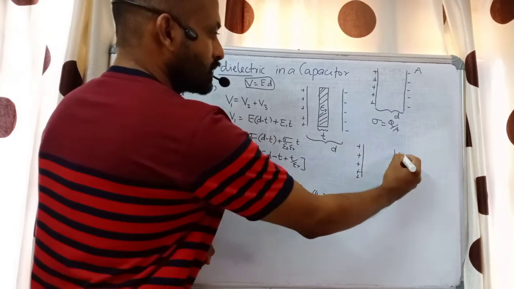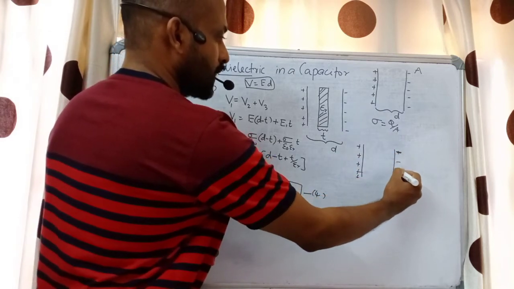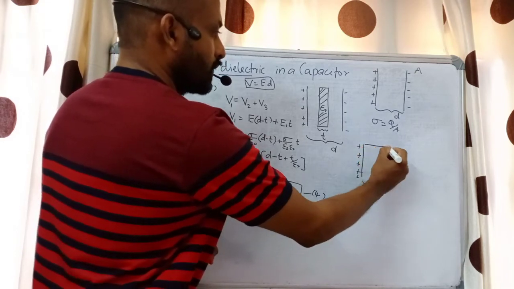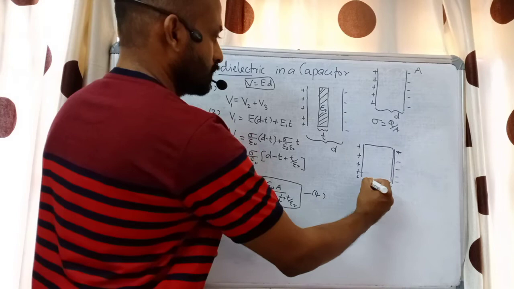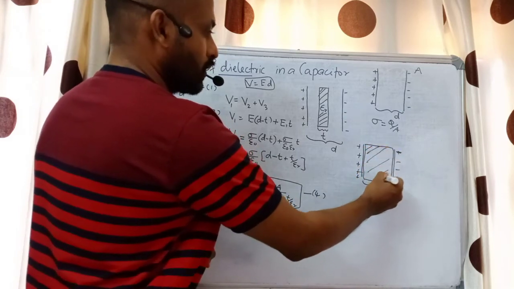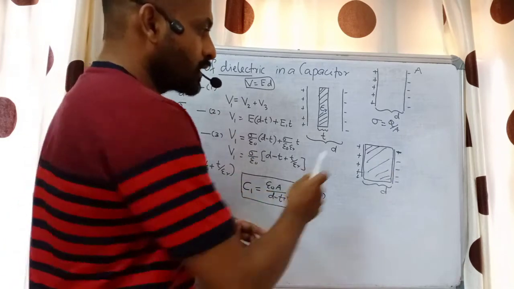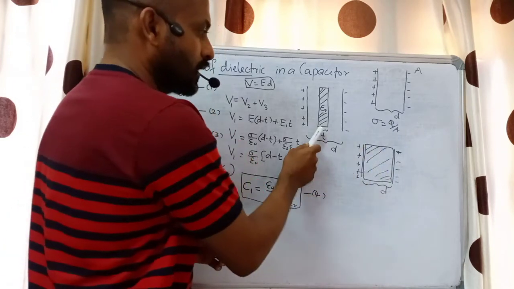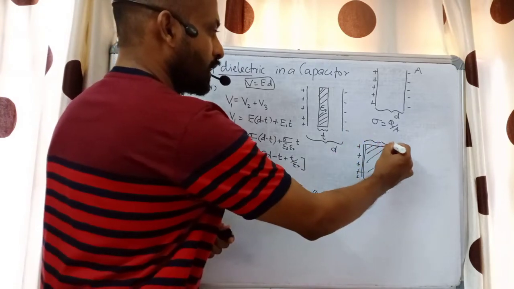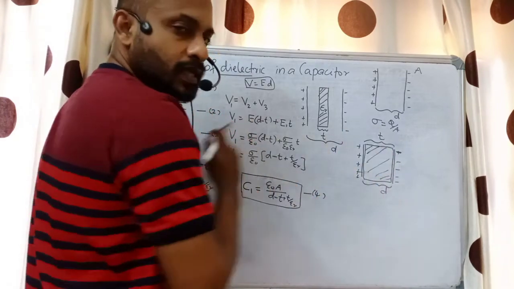Same capacitor, same quantity of charge, negative charge here. D is the distance. Now I am going to fill the region completely with the dielectric, without leaving any space for vacuum. What is the thickness? Here T was the thickness, here also T. So when I mark T here, I can say T and D are the same.